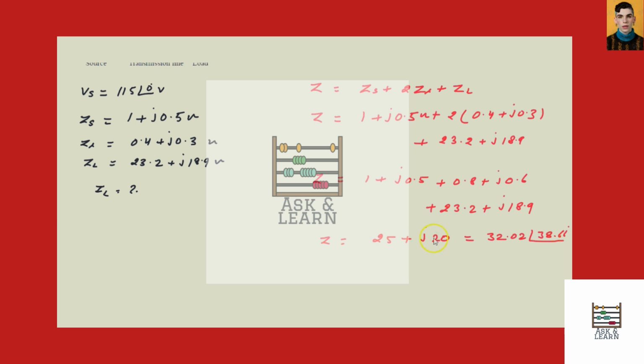The impedance in polar form can be calculated using the formula: A plus jB equals square root of A square plus B square, which is the magnitude, and the angle is given by tan inverse B upon A.